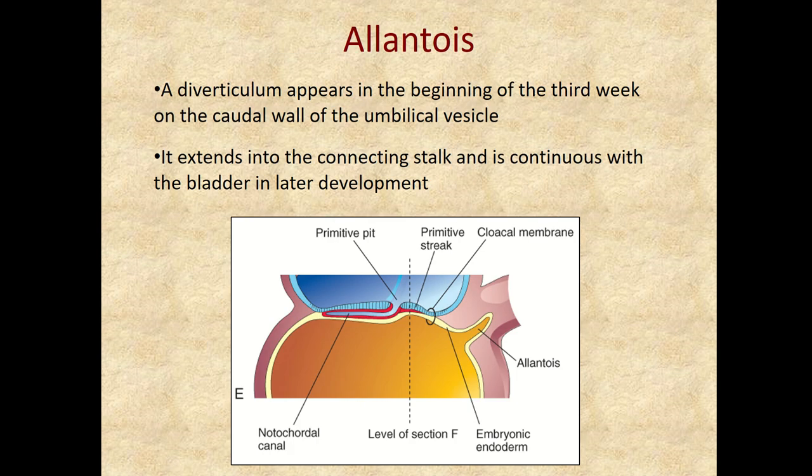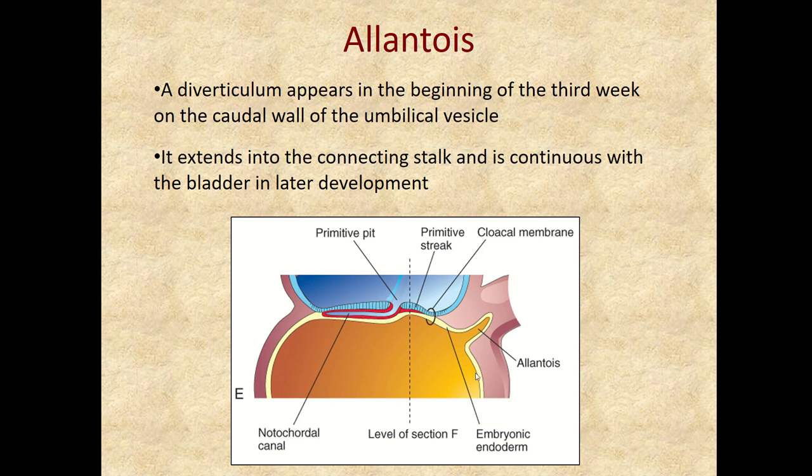All right, and so I want to do one more thing before I ask you a couple questions. I want to briefly discuss with you a structure that you'll see in figures that's called the allantois. The allantois is a rudimentary structure in human development, but you do see it in figures here, and it has somewhat of an important purpose, but they don't really explain very much of its function in the textbook, so I just wanted to give it its own little stab here so it's not confusing to you because it's never really discussed.